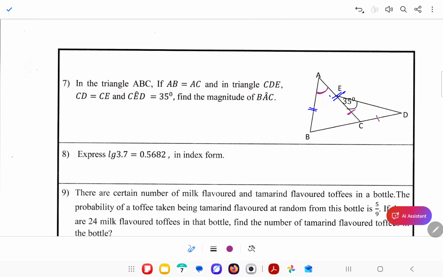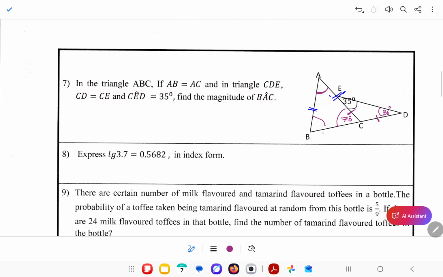Right. So CD and CE are equal, so that triangle is isosceles, so this is 35. Then we can find this angle ACB, that is the external angle of CDE, so that is equal to the sum of the internal angles, so this is going to be 70.